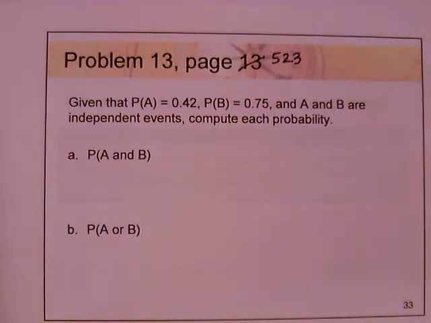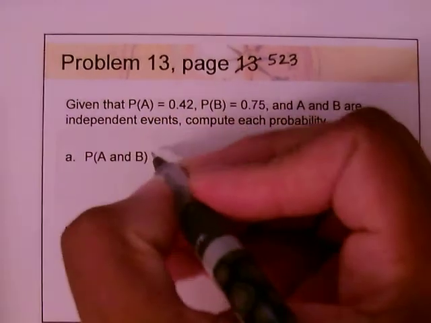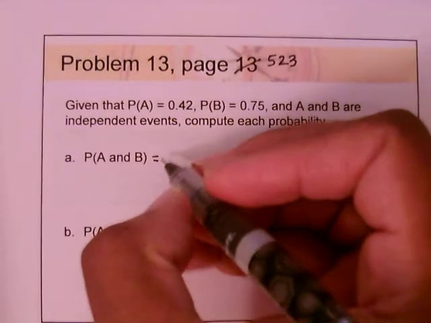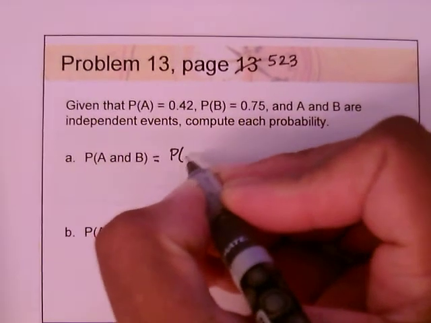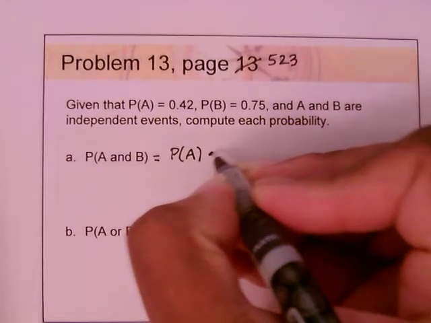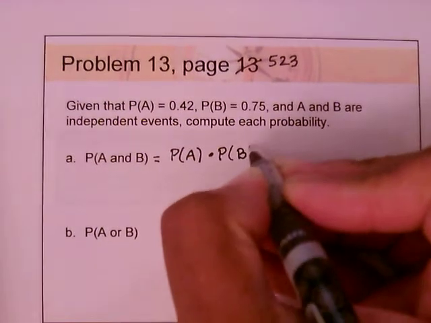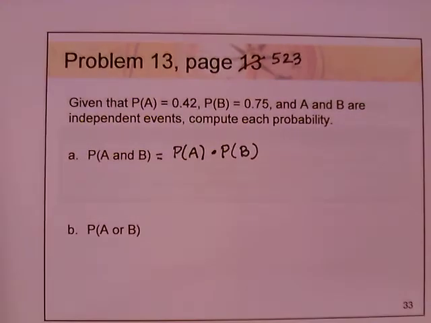Well, just like in problem number 12, probability of A and B is going to be just multiplying these two, the probability of event A times the probability of event B. And we're told that A and B are independent events.